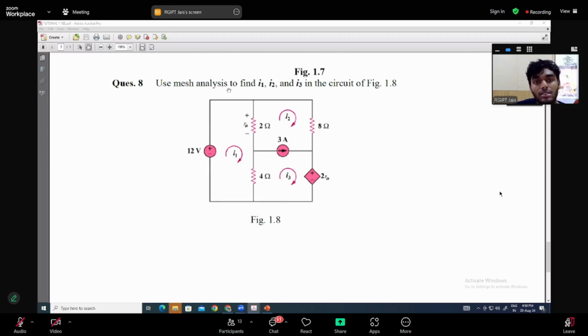Use mesh analysis to find I1, I2, I3 in the circuit of figure 1.8. Once confirm, is mesh analysis done in your classes?